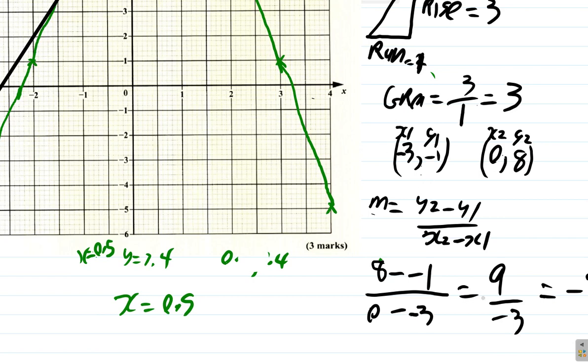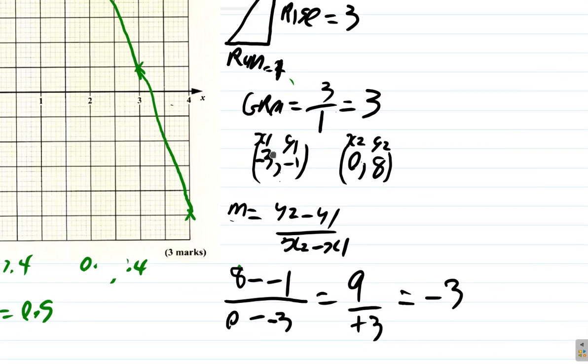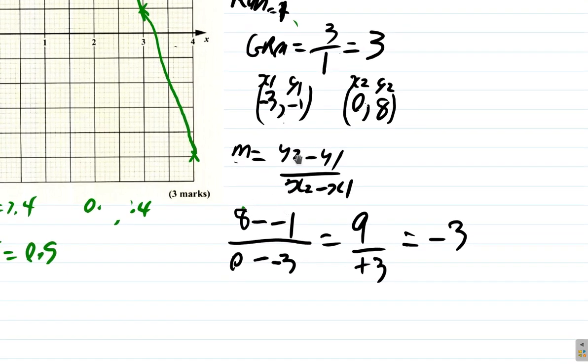So it's a minus negative 3, which becomes a positive 3. So it's 8 minus negative 1 over 0 minus negative 3. So what you have is 9 over 3, so the gradient is 3.